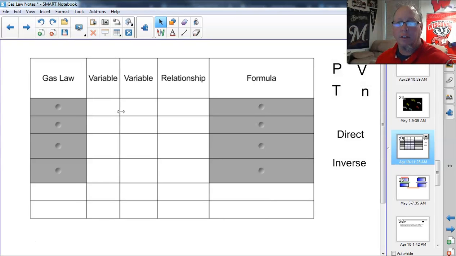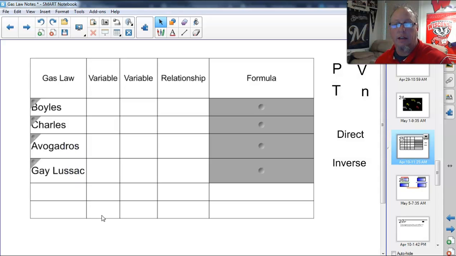The four gas laws that we've talked about at this point in time are Boyle's law, Charles' law, Avogadro's law, and Gay-Lussac's. So what two variables are involved in Boyle's law? Your choices are pressure, volume, temperature, or the number or amount of particles.